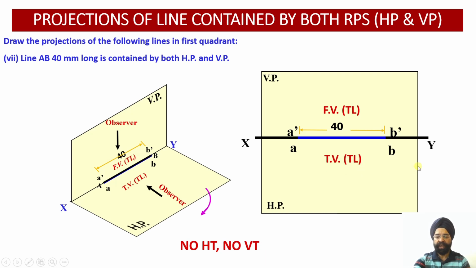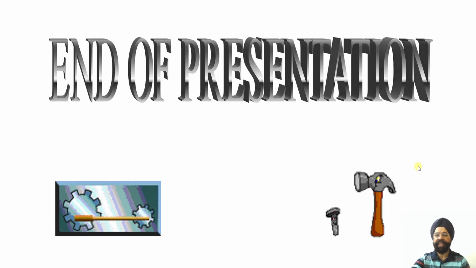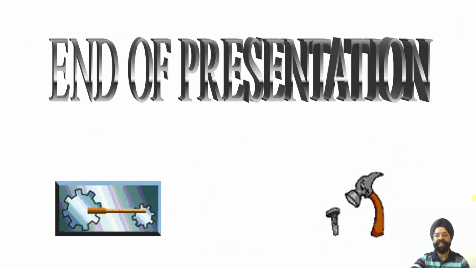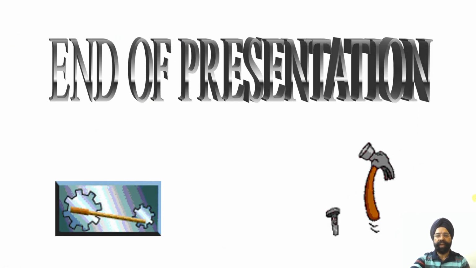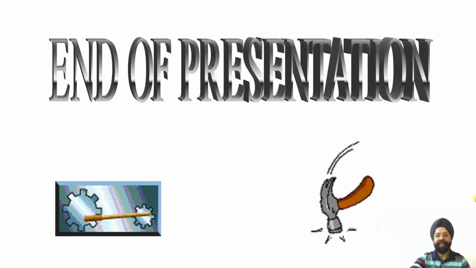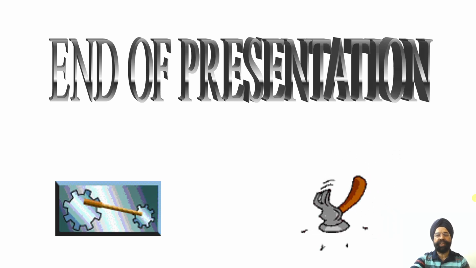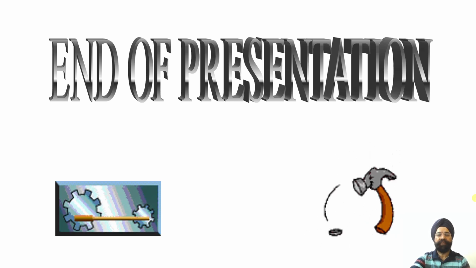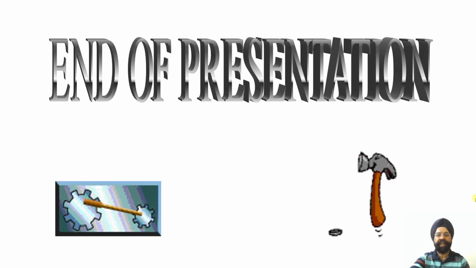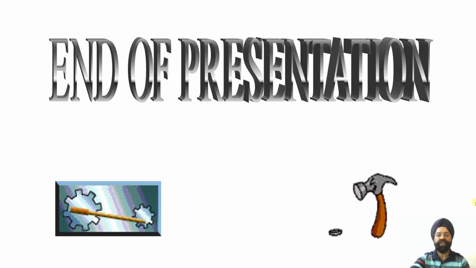So this is all about the 7 cases of the projections of the lines that we wanted to discuss today. I hope that this spatial illustration as well as the 2D representations would have helped you to develop a better understanding of the projections of the lines.